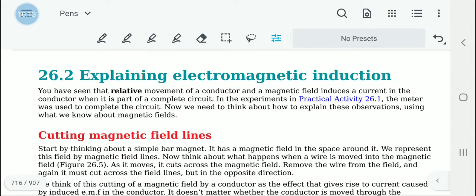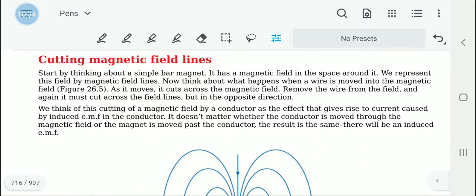There has to be a PD, potential difference, between the two. So now the meter was used. So you know that if there is no potential difference, there is no flow of electricity. That is another important aspect that you need to keep in mind when trying to understand these things.